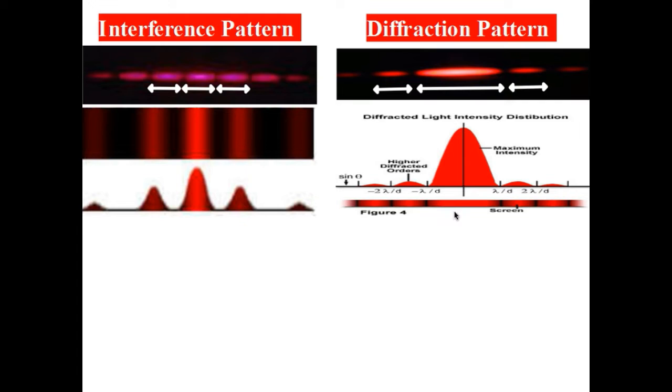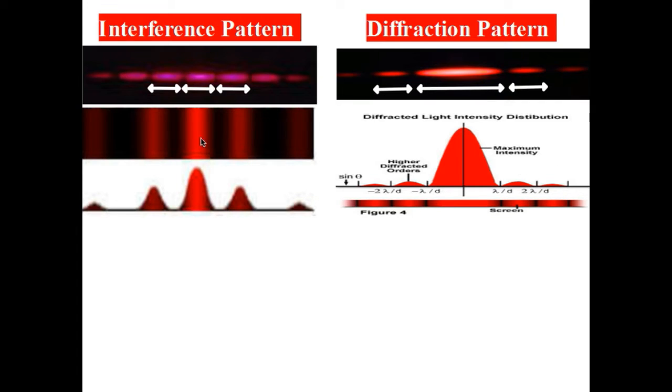The second difference is about the intensity of light, or the brightness of the bright fringes. In the diffraction pattern, the brightness of the central bright fringe is very high. The intensity is very high. Directly, the first bright fringe at the left and the first bright fringe at the right, their intensities decrease so much.